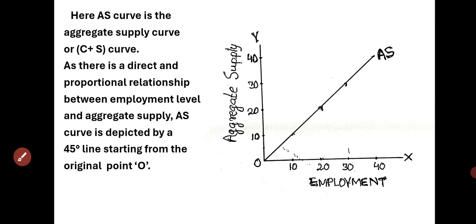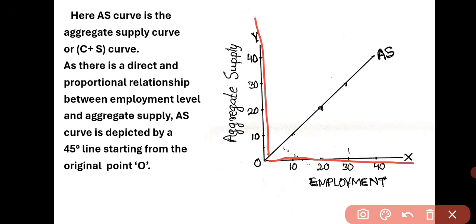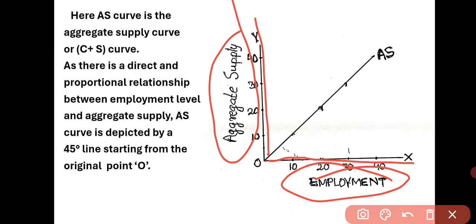You see, this is the diagram. In this diagram, aggregate employment level is taken on the x-axis and aggregate supply on the y-axis. This is aggregate supply AS, this is employment level, and AS is the aggregate supply curve.